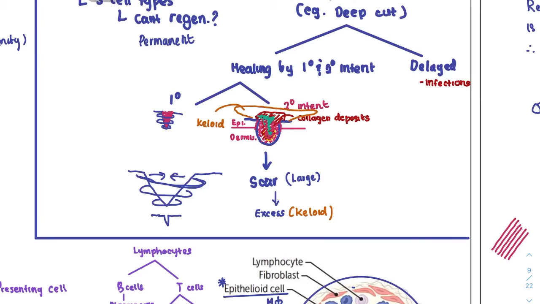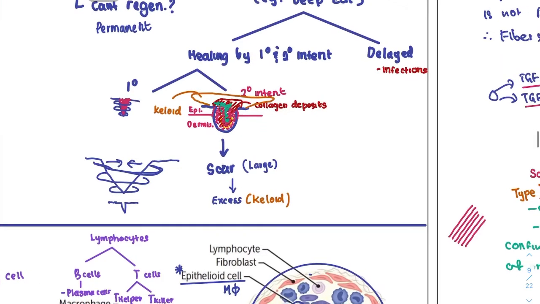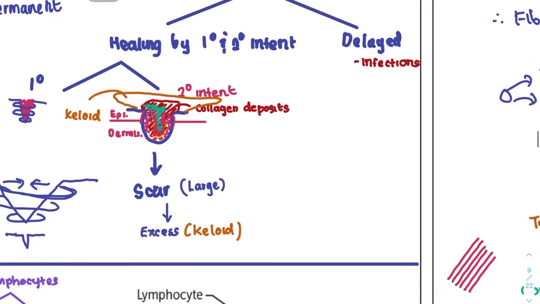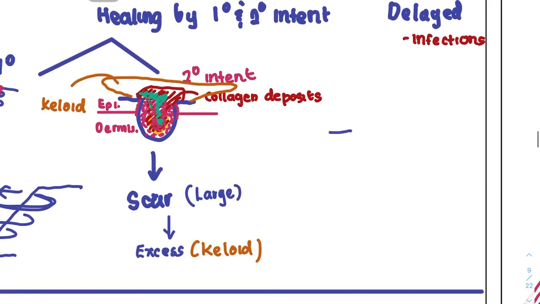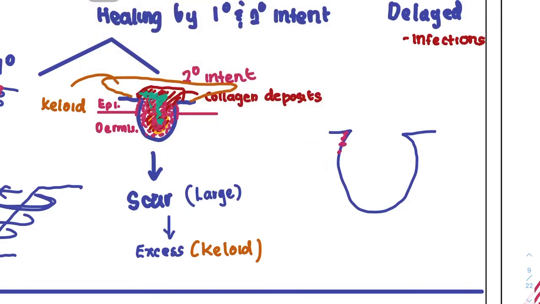However, in healing by secondary intent, you get a deep wound, a large wound. Now the stem cells will be present only in a small region. It can't cover this whole wound. So what happens is, fibers, including collagen, come and deposit.